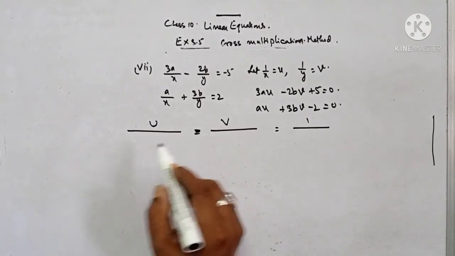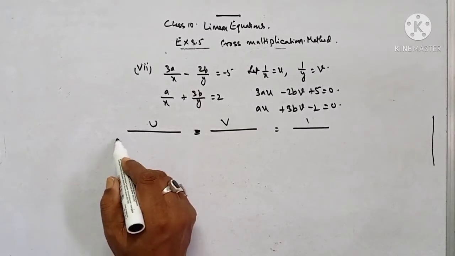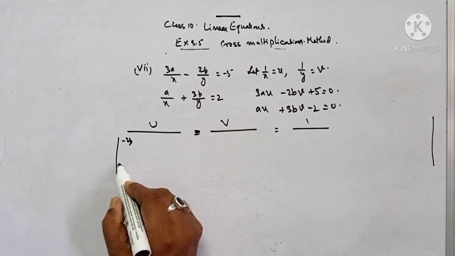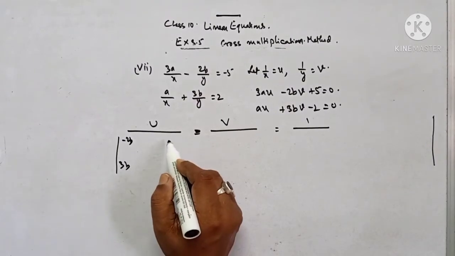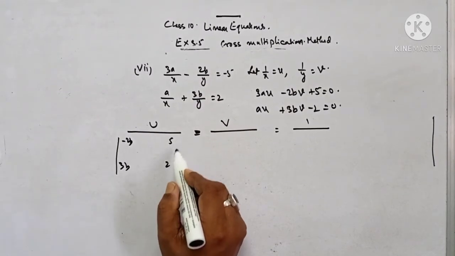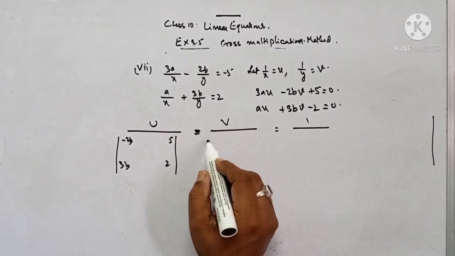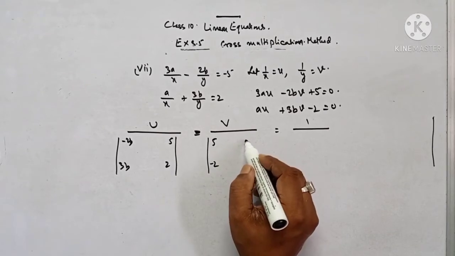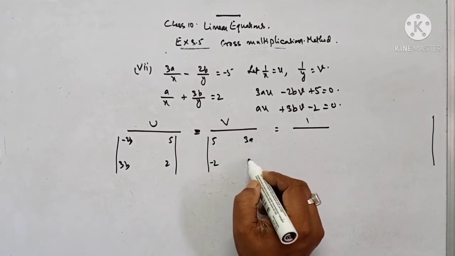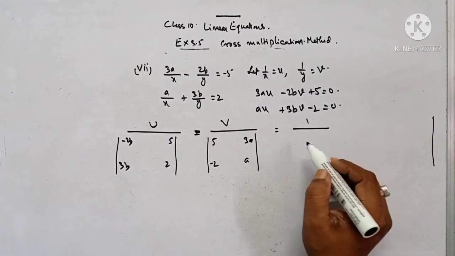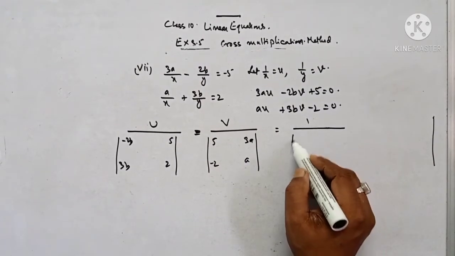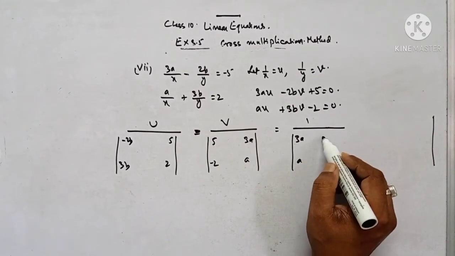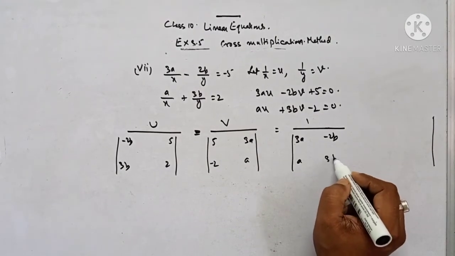So your u, it will be b1 b2, so minus 2b 3b, b1 b2 c1 c2, 5 2, and when we take v, that is c1 c2, 5 minus 2, a1 a2, 3a a, and when we take 1, this is 1, 3a minus 2b 3b.